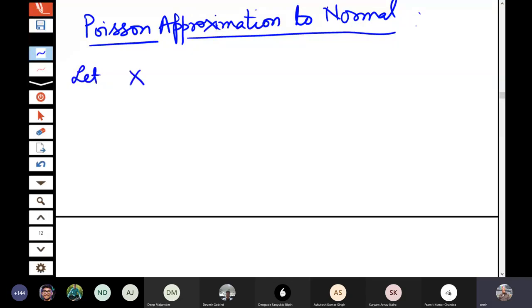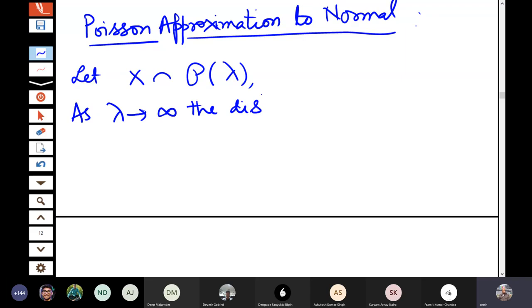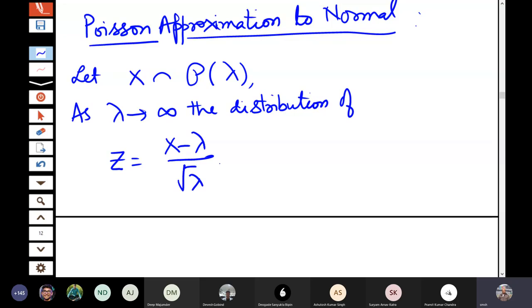So let X follow a Poisson distribution with parameter lambda. Then as lambda tends to infinity, the distribution of Z, that is (X minus lambda) by square root lambda, converges to normal 0, 1.